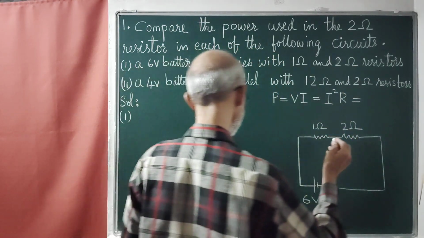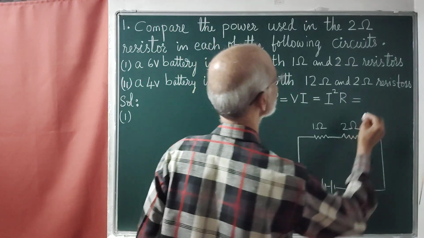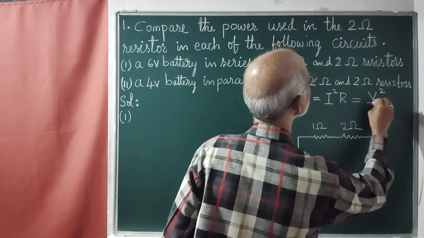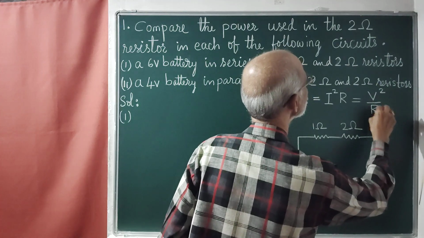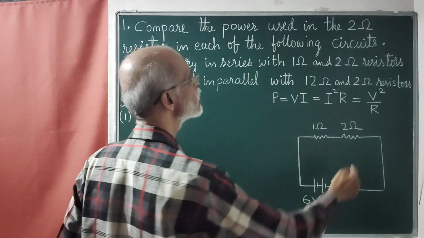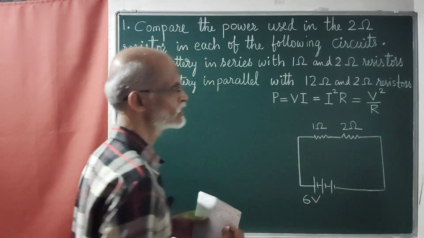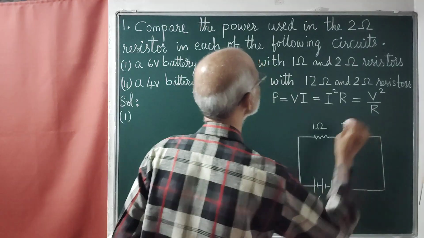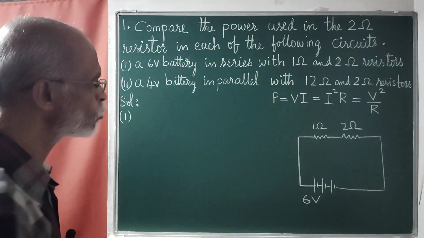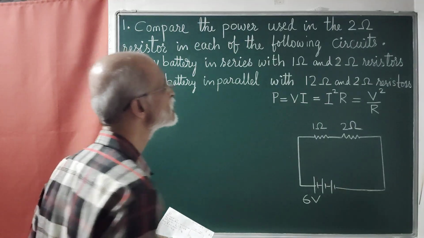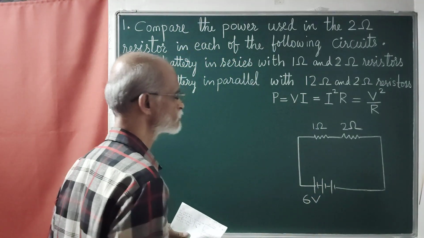Again, we have one more formula, V square by R. Now we will see which formula we can use and find out the power of this 2 ohm resistor. Now this is in series. So when the circuit is in series, the current is constant throughout.